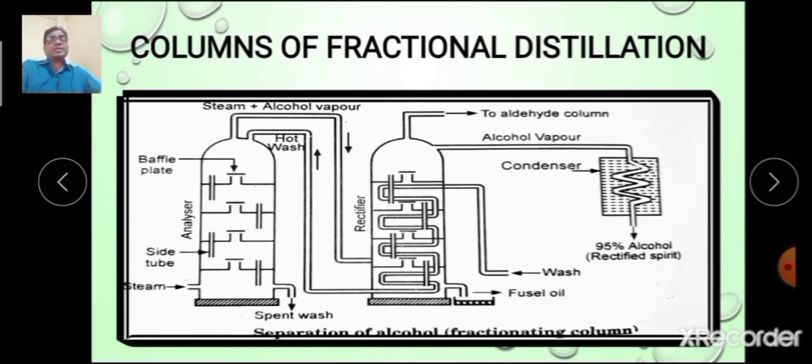These are the fractionating columns, and they contain many cells: 1, 2, 3, 4, 5. These are known as baffle plates, and these are the copper tubing for the passing of constituents.